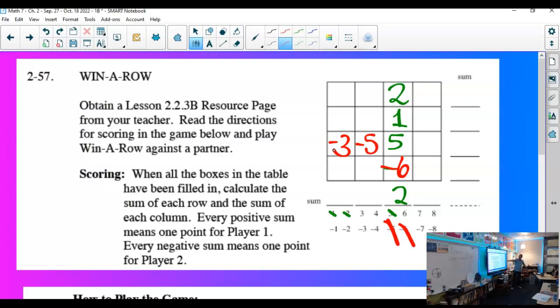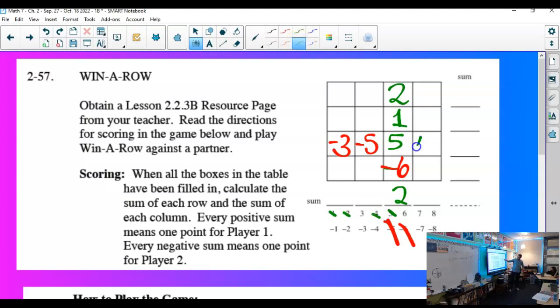Miss Martin just placed her -3, making her winning this row right now. But what could I place here if I want to win this row? If I put a 3 there, it's going to balance and it's going to be 0 and nobody wins. Do I have my 4 available? Yes. So I have my 4 still.